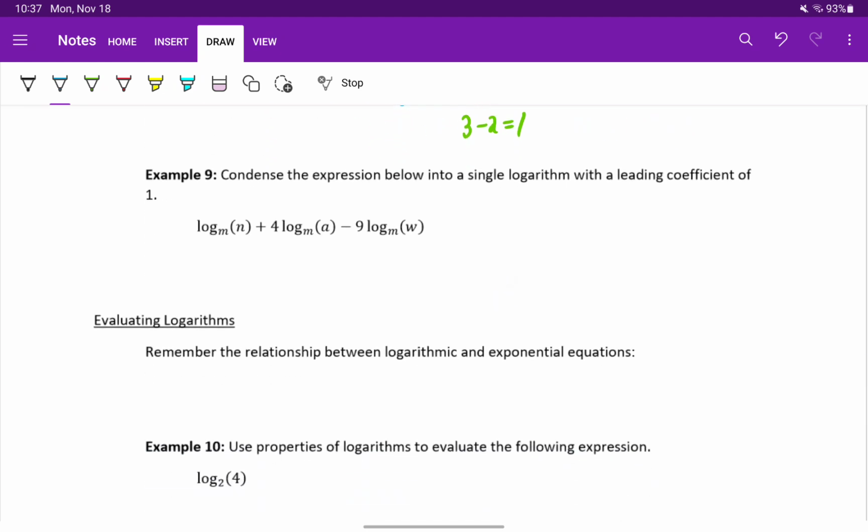In example 9, again, we want to condense this logarithm. We want to make sure we have a leading coefficient of 1, and that's the step that we take care of first in this example. Before we merge logarithms, we need to get rid of these coefficients in front of those logs. So our first step will be to leave the first term unchanged.